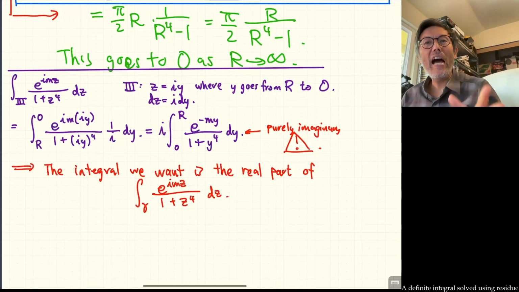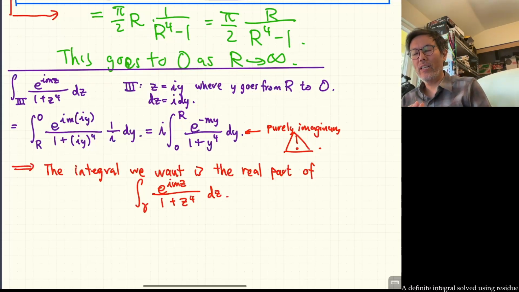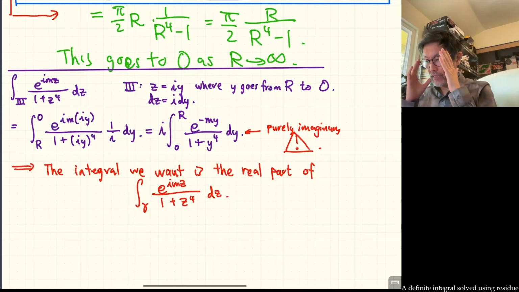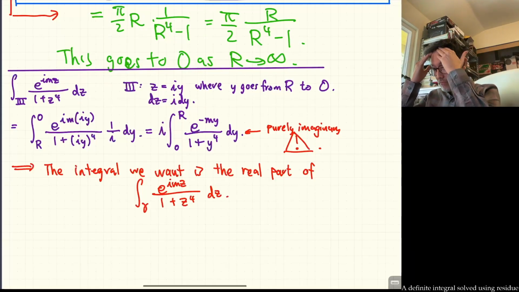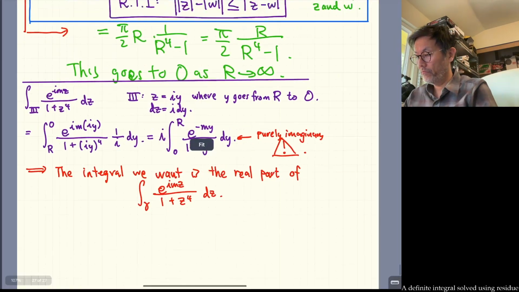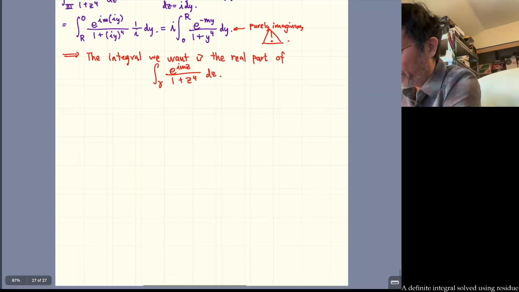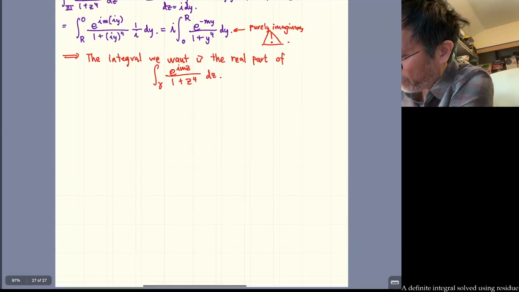Okay, now we undertake the residue calculation. We're going to do the residue calculation.